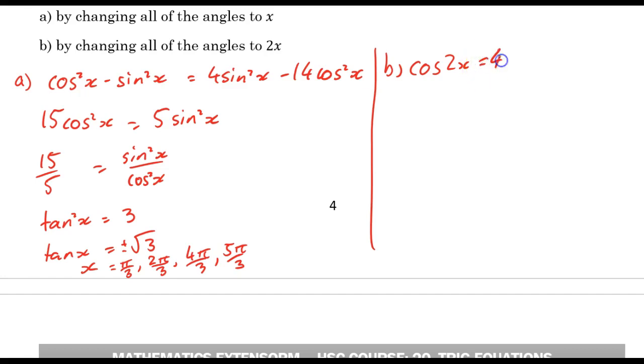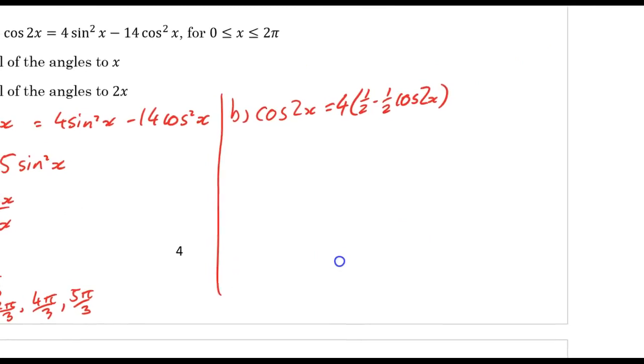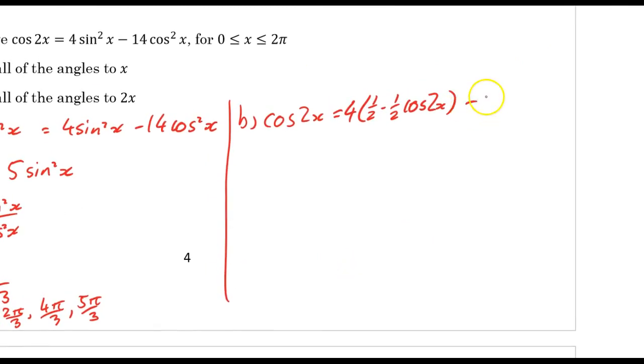So equals 4 outside of half minus half of cos 2x, and the minus 14 outside of, now cos squared was half plus half cos 2x.